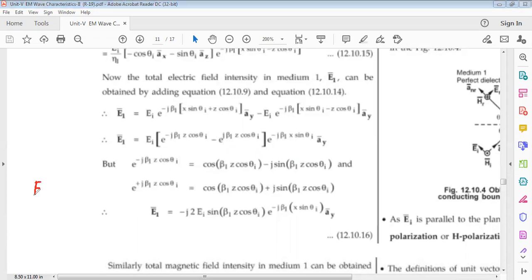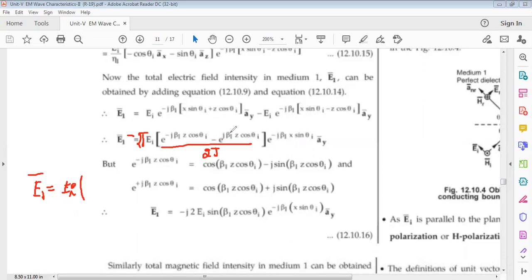So E1 bar is equal to, substituting these equations, EI into the total function, taking the minus as common, 2 sin beta 1 z cos theta. Let us take the 2j, multiplied and divided, and keep the minus.